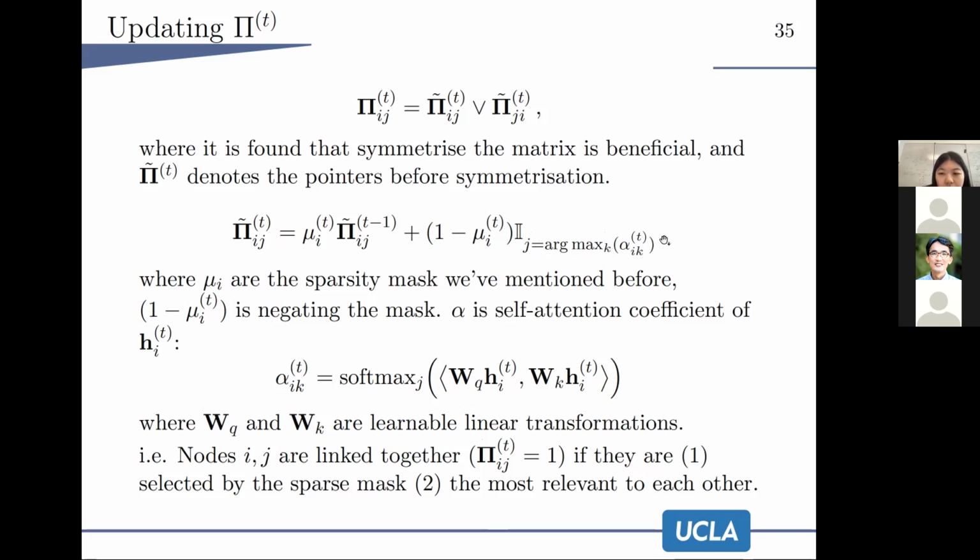It is interpreted this way because alpha is a self-attention coefficient computed from H. So we understand it as, if J is the one that is most closely connected to I, then we consider them connected together in the next step.